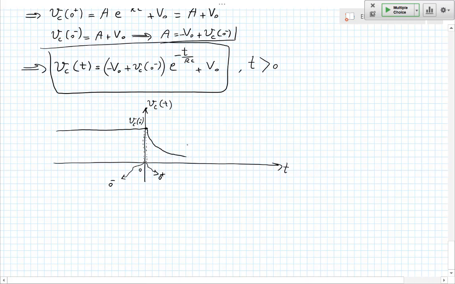Eventually, after a very long time, this is an asymptotic behavior. After a very, very long time, the exponential term has evaporated, and I'm left with V naught.